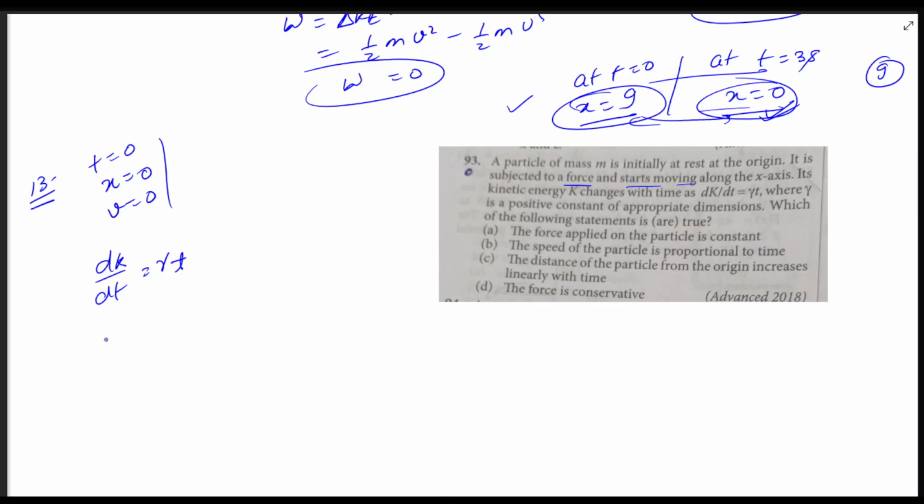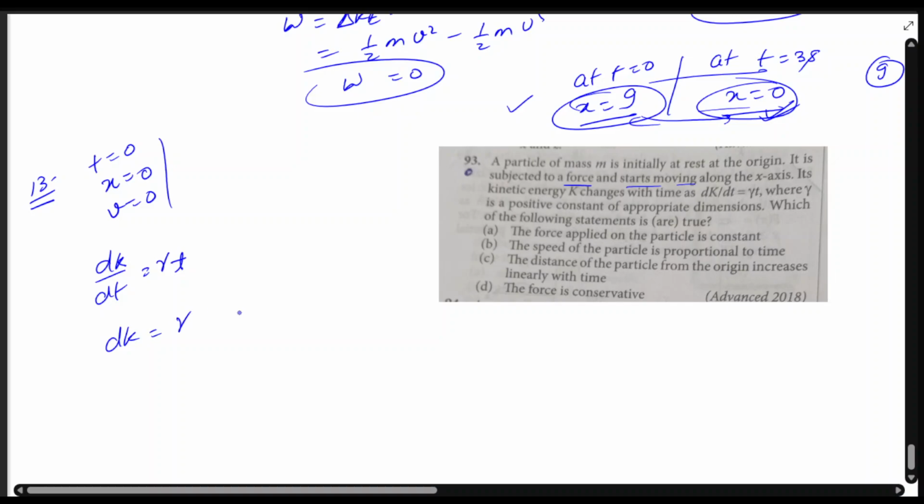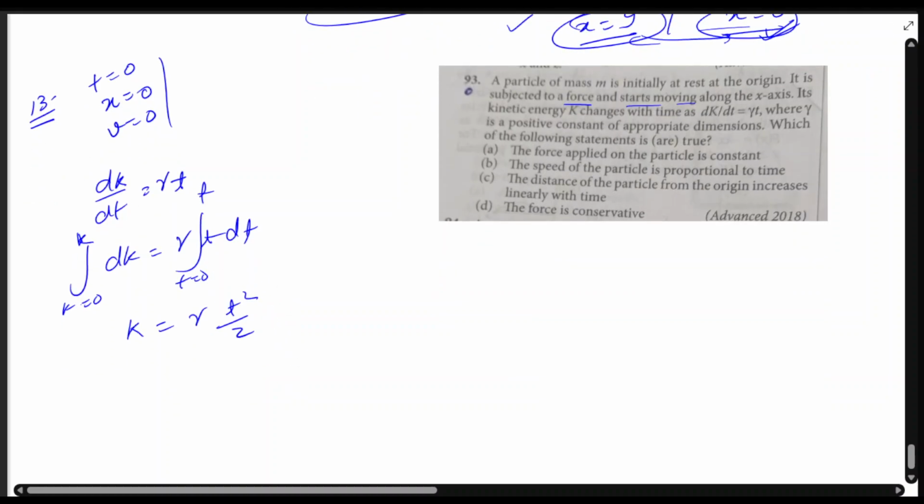So look. We'll find dK equal to gamma t dt, and we'll integrate it. So initially kinetic energy is 0 at t equal to 0. So at t equal to t, we'll have some kinetic energy K. So it will be K equals gamma t square by 2, right? And we know the kinetic energy is what? Half mv square. So half mv square equals gamma t square by 2. 2 will get cancelled.